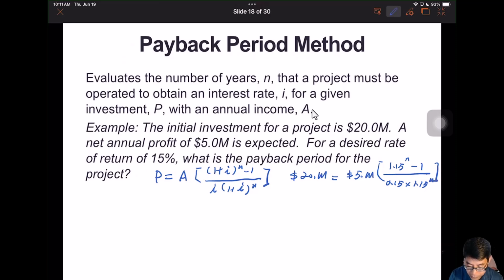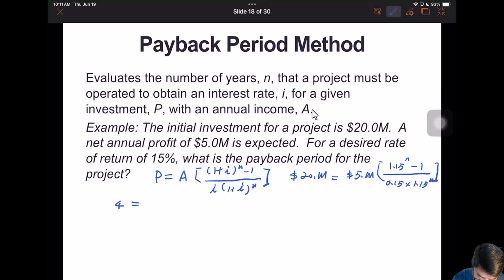All right, now let's solve for this equation. First I'm going to divide both sides of the equation by 5 million, so this is going to be canceled out. The left side of the equation is going to be 4. I'm going to leave out the million and also the dollar sign.